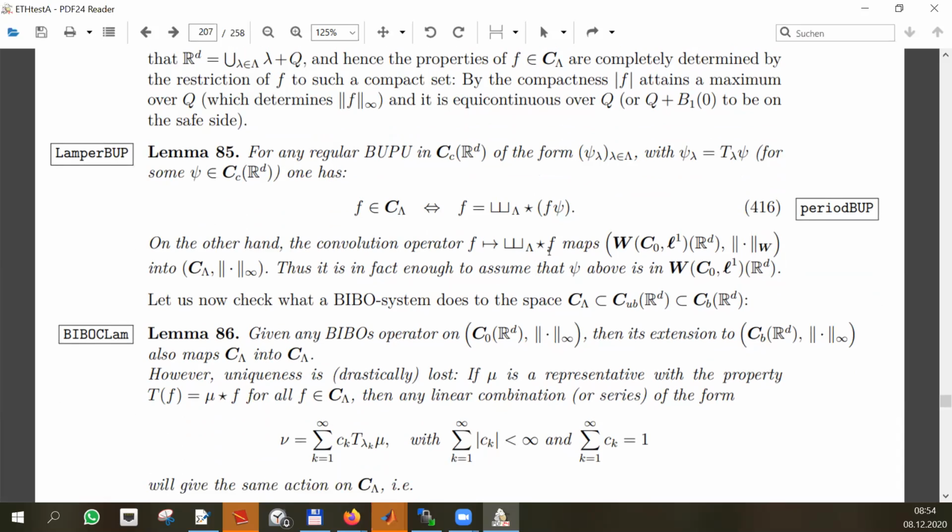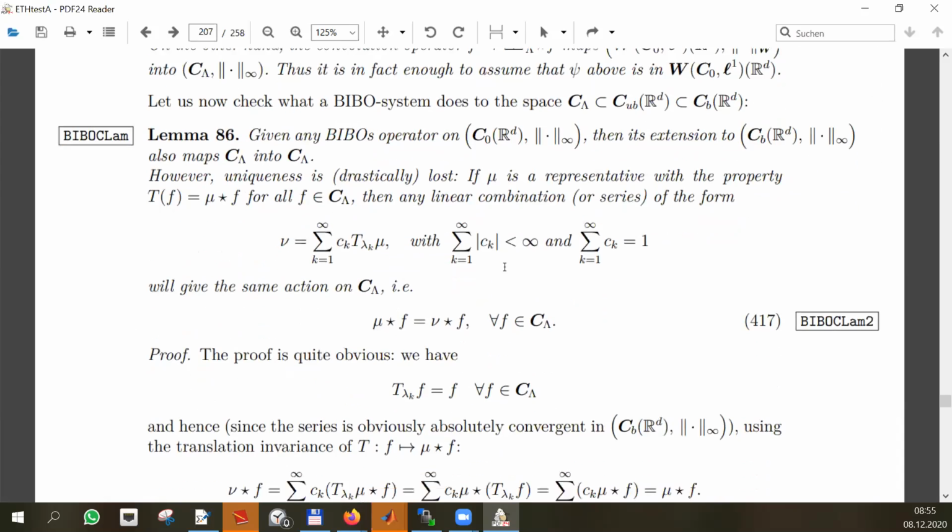And of course, the other thing is, if you start with a decent function, so in this case, it's in the Wiener algebra, in particular, if it's in S0, and you periodize it by convolving it with such a Dirac comb concentrated on the lattice lambda, then you're getting a periodic function. So it means the periodization makes a function periodic. But every continuous bounded periodic function is obtained in this way, and you do it by localizing it with a Lambda BUPU. So that's the story of this lemma.